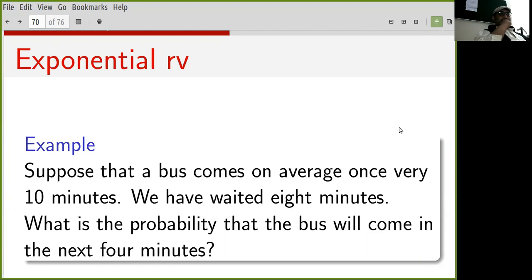All right, so we're going to do this carefully. On average, the waiting time is 10 minutes. The exponentially distributed waiting time for the Poisson distributed bus arrivals is 10 minutes. So beta is 10 minutes. We've waited a time t equals 8 minutes. What's the probability that the bus will come in the next 4 minutes?